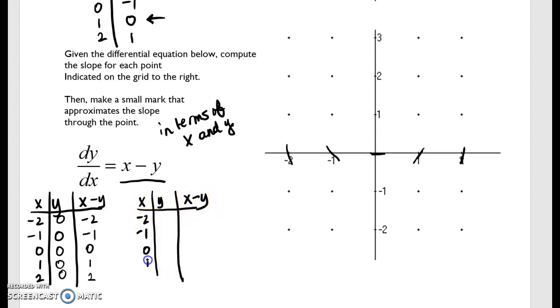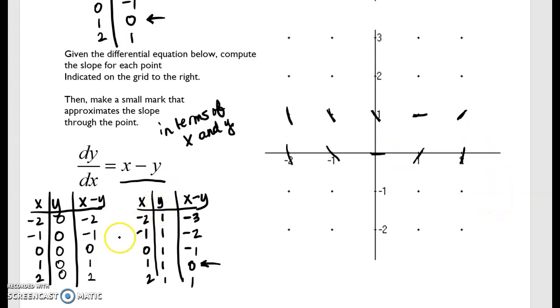So same x-coordinates, I'm just doing my y-coordinate of 1 now. So x minus y, -2 minus 1 is -3, -1 minus 1 is -2, 0 minus 1 is -1, 1 minus 1 is 0, 2 minus 1 is 1. So then I can draw my slopes along here, the line y equals 1. And so again, it might be easier to start with where your 0 slope is. So 0 slope, 1, -1, -2, -3.